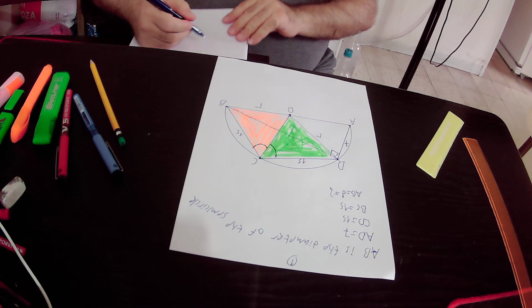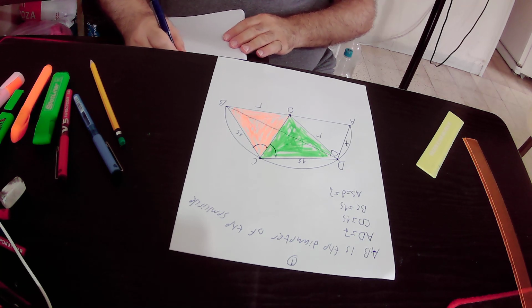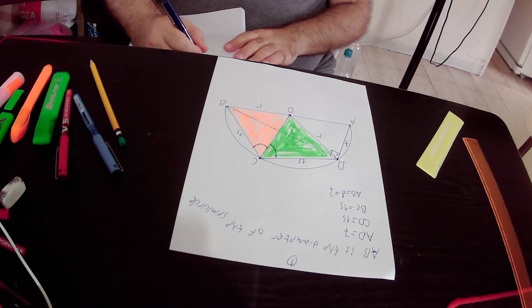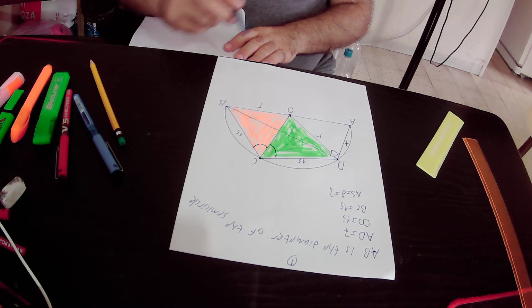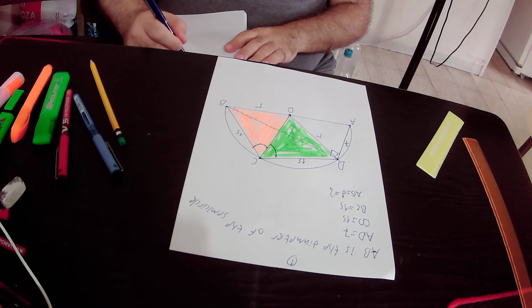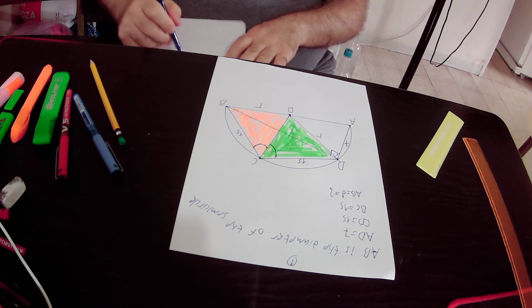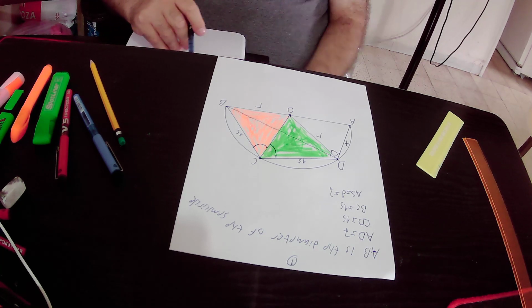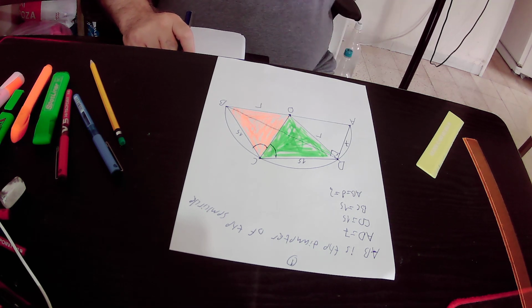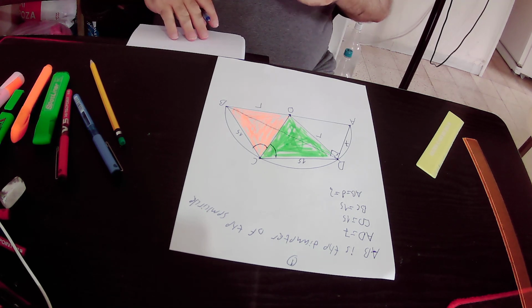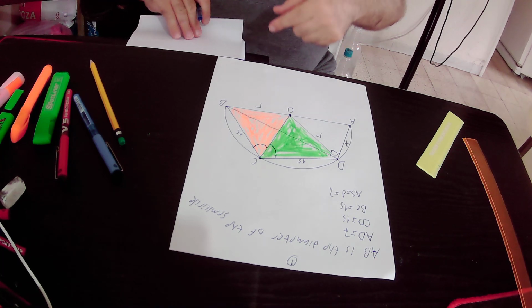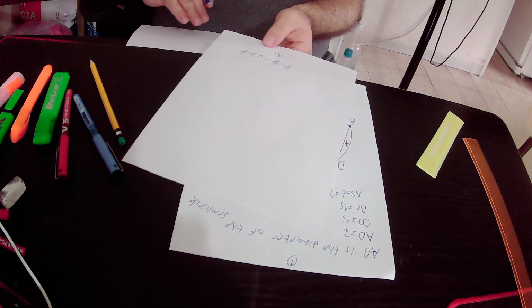Okay, angle OCD of the green triangle equals angle OCB of the orange triangle, according to the rule that corresponding angles in congruent triangles are equal to each other.